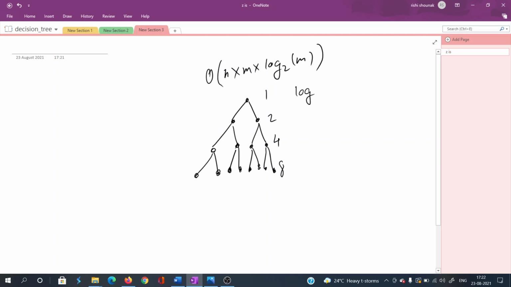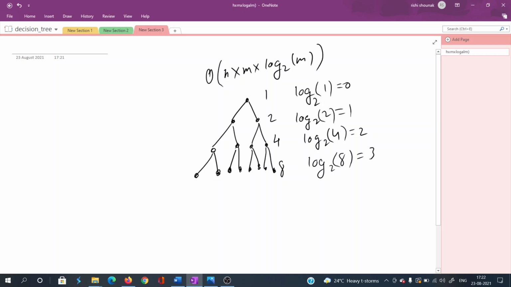And on calculating the log, we can get the value of the height, which is in this case 0, 1, then 2, and then 3. These are the respective heights.